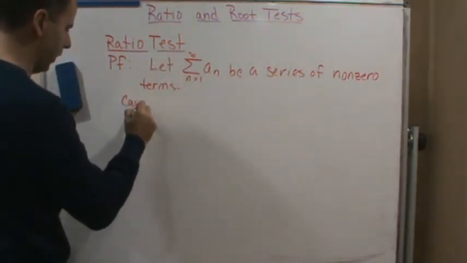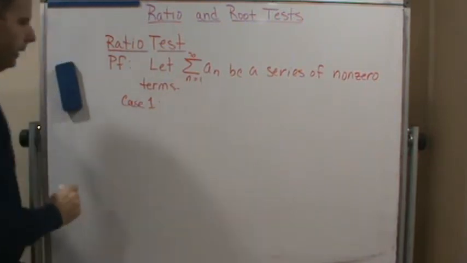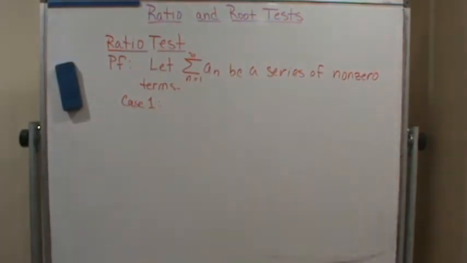And so case one is where rho is less than 1.